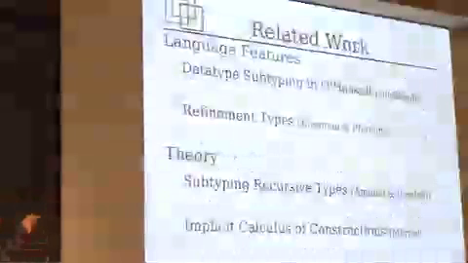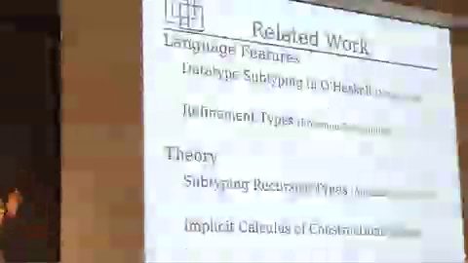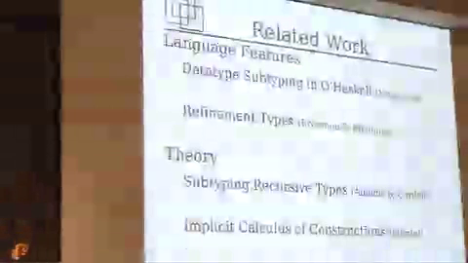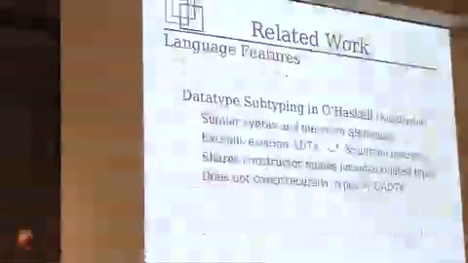And it turns out that there are many related works. We only look into some of them and noted them in the paper. First is Yung Ahn's data type subtyping in Haskell, and the syntax looks really similar, but in a way it is an opposite idea, and it didn't cover recursive types or GADTs.